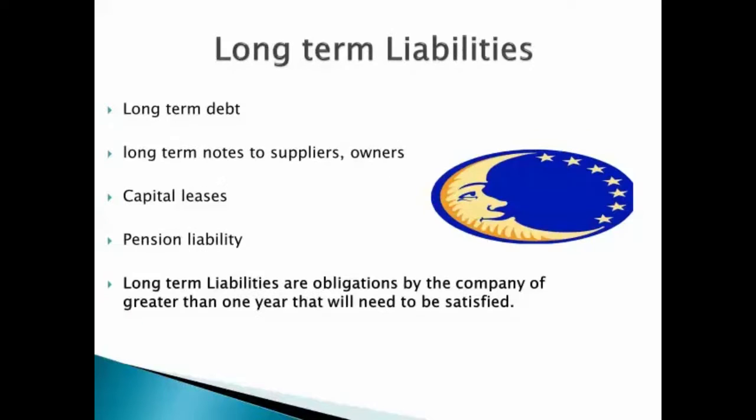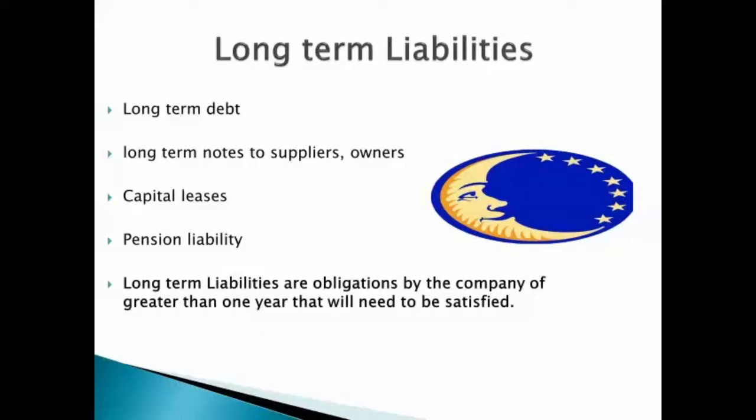Now, long-term. So we know that current liabilities are due in less than a year. Long-term, as the last bullet shows, are obligations by the company of greater than 1 year that need to be satisfied. So there you've got your long-term note, as we talked about, at $9 million. Now, you may have long-term notes to suppliers or owners, okay?